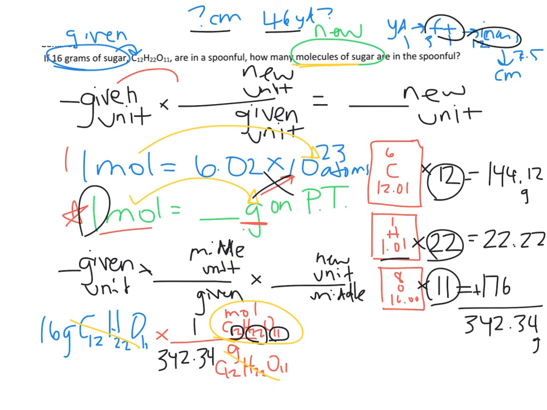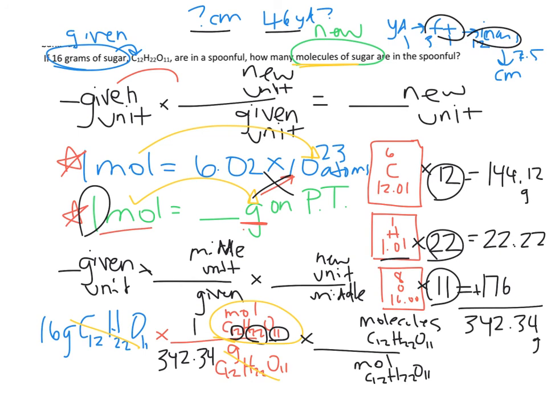So that means we're going to be using the next conversion factor. So remember, we said moles was our middle unit. Now we have to do another conversion to get to our new unit. So we're going to put moles of C12H22O11. And on the top, we're going to put our new unit, molecules of C12H22O11.